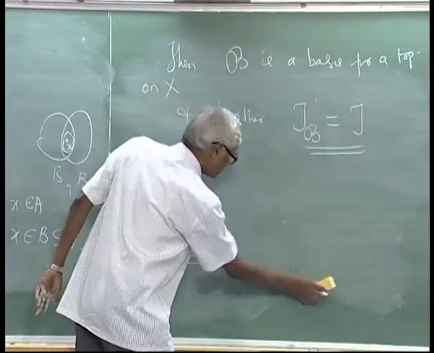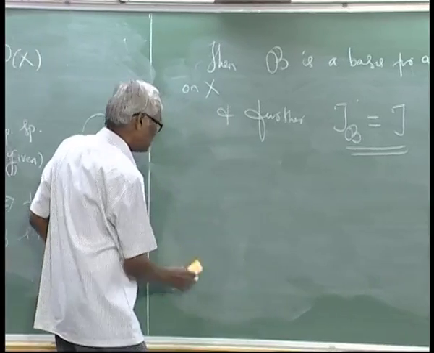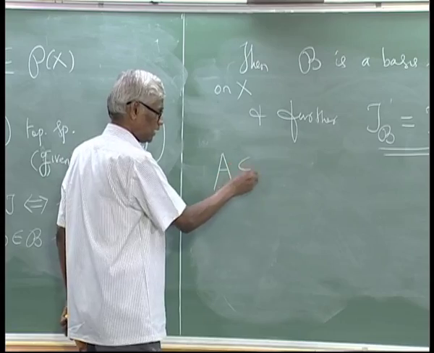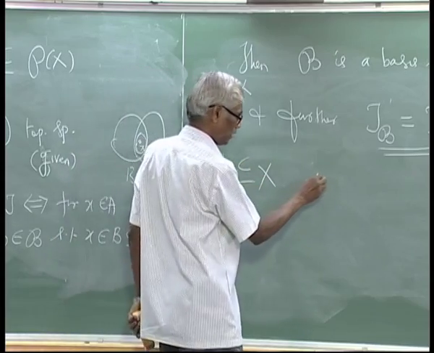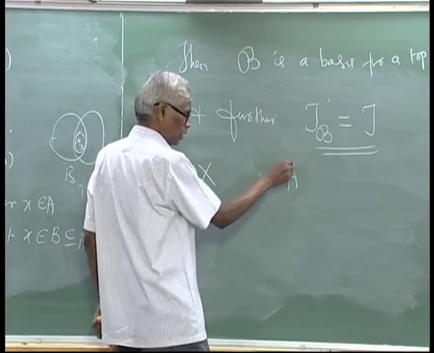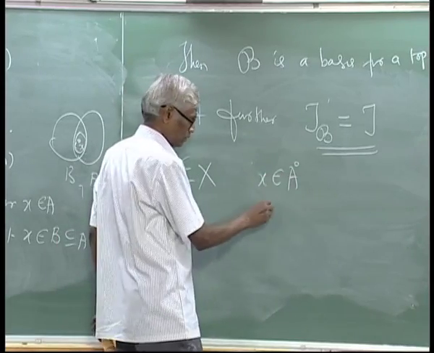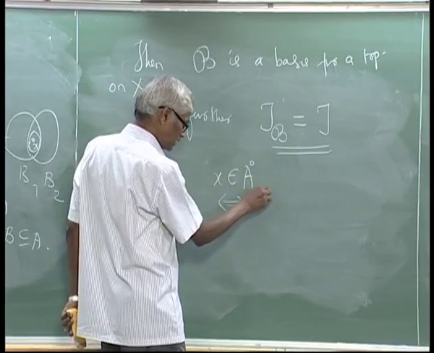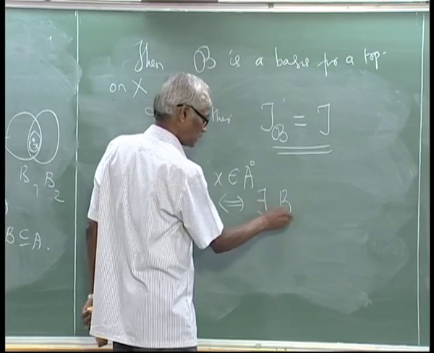And then we define what is called, take a subset, an interior point. What is an interior point? First it is in A. X belongs to A interior if and only if there exists a basic open set.